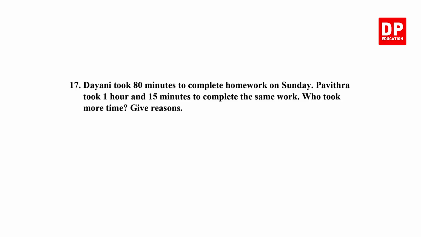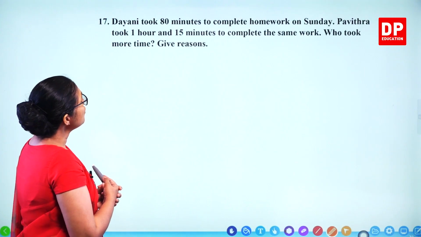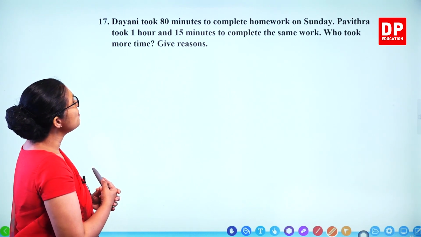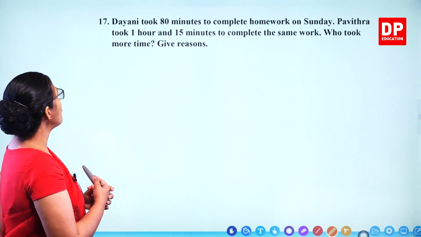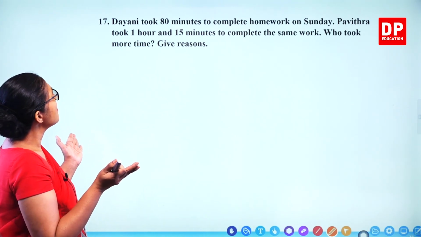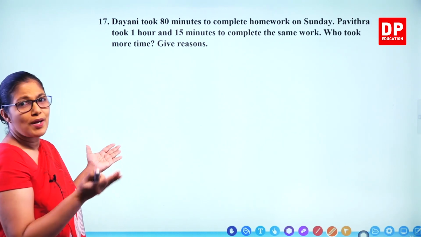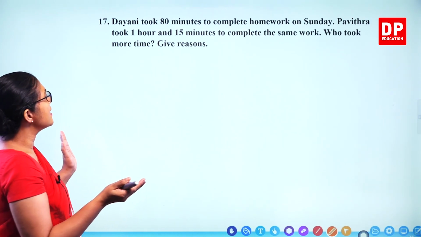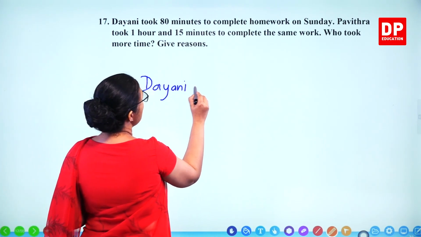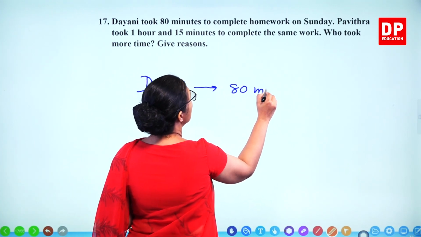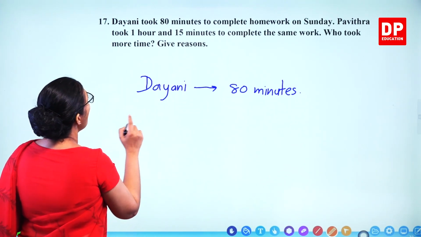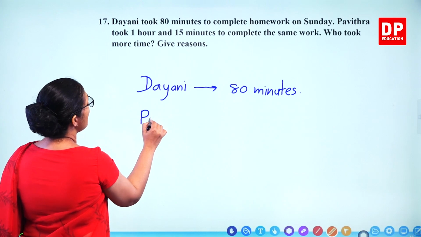Question number 17. Dayani took 80 minutes to complete homework on Sunday. Pavitra took 1 hour and 15 minutes to complete the same work. Who took more time? Give reason. So here there are 2 units, so we can't see exactly which one is bigger. So we'll convert everything to minutes. Dayani, 80 minutes. What about Pavitra?